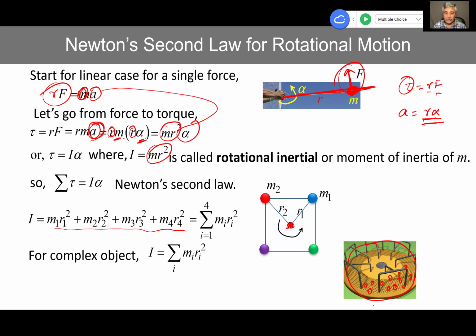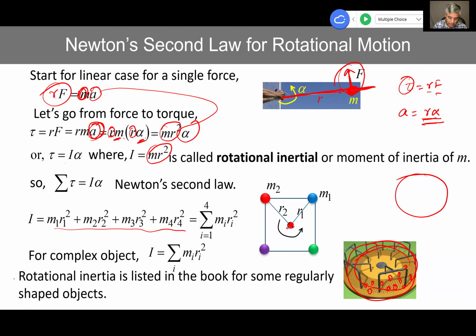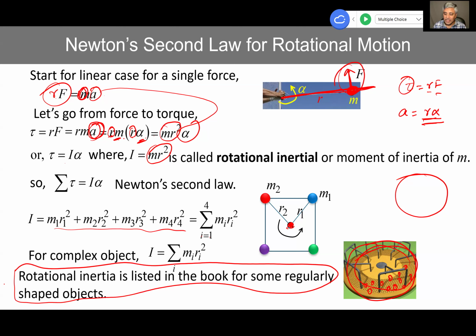So when we do that, we get the formula for rotational inertia of a disk like this, okay? Or we can have a ring. We can find that in the book.